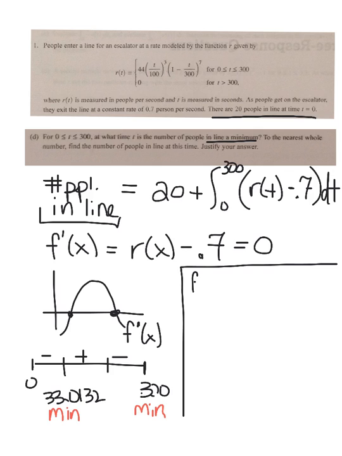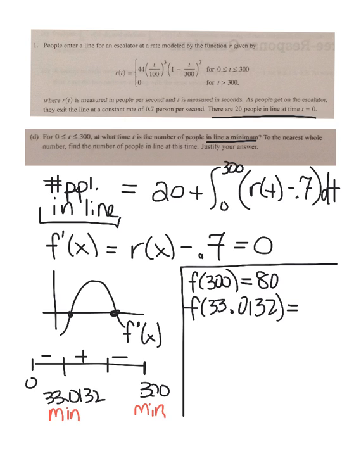So I know f of 300, and I know that that's 80 people. So what I need to do is find f of 33.0132. Okay, so that's what I need to find.